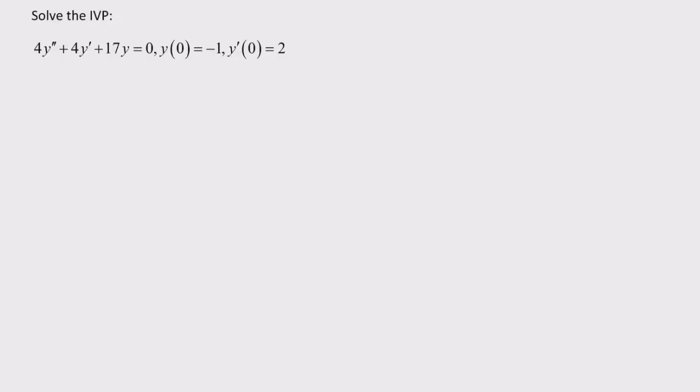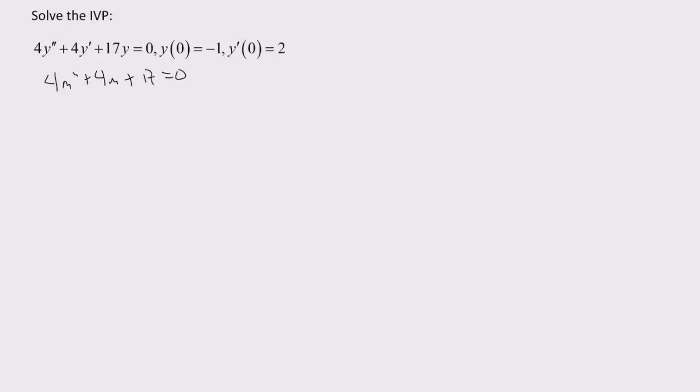All right, so let's apply what we've learned. So here we've got an equation with a bunch of initial conditions. So we can set up our auxiliary equation, which is 4m squared plus 4m plus 17 equals 0.